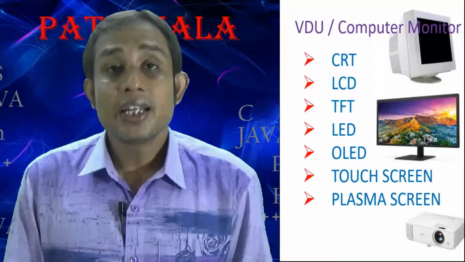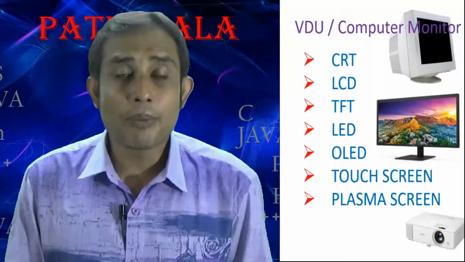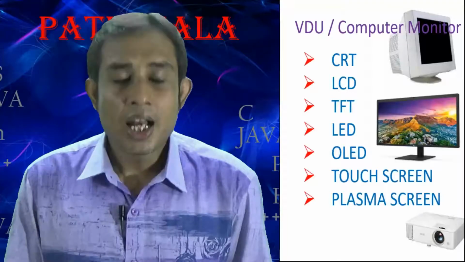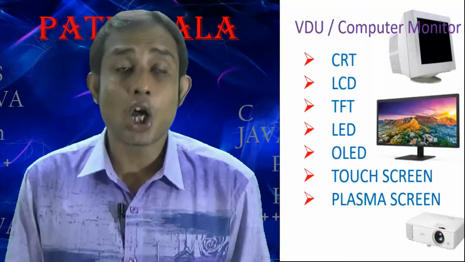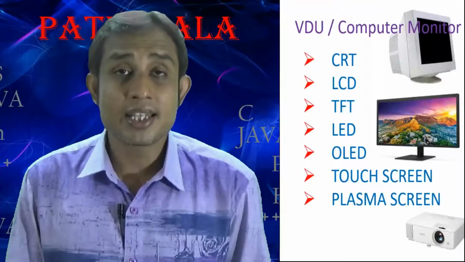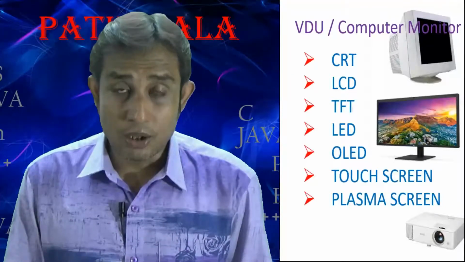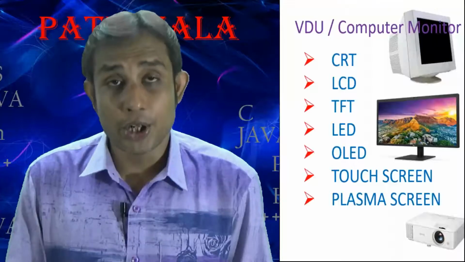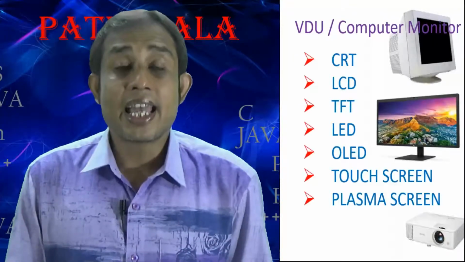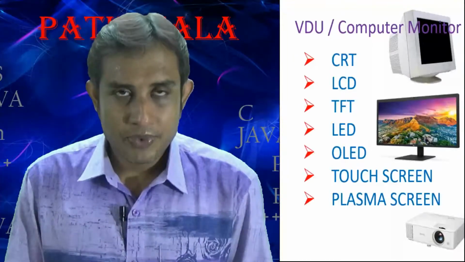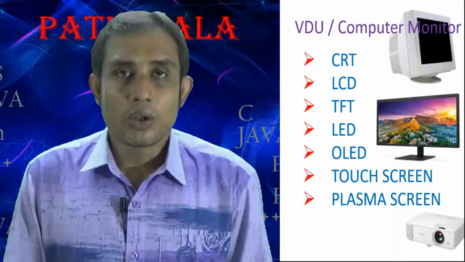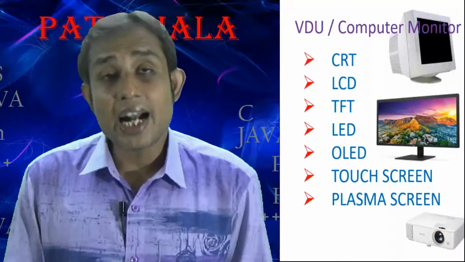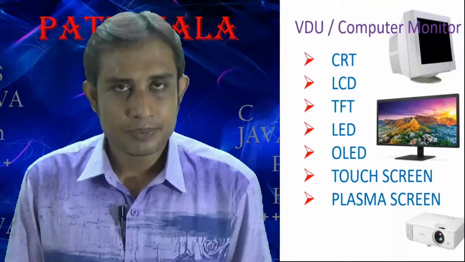In it, each pixel is controlled by a transistor. A TFT monitor produces the best resolution among all flat panel monitors, but it is very expensive. The TFT is basically designed to run at a particular resolution.